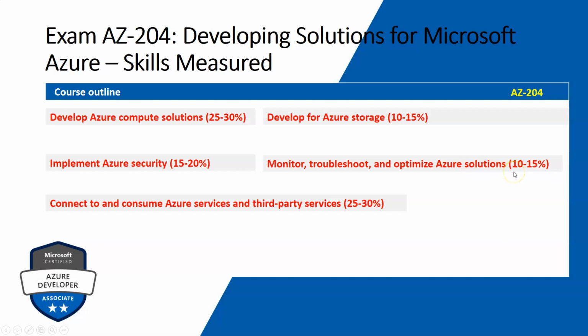It covers 10 to 15% of your entire exam. And the last section is very important. Here we'll talk about Azure App Services, and third-party services, event-based solutions, Event Hub notifications, message queues, Azure storage queues, and other things. So again, this is one of the critical modules of the exam AZ 204. It covers 25 to 30% of the entire exam.